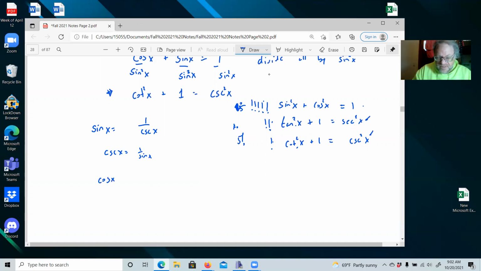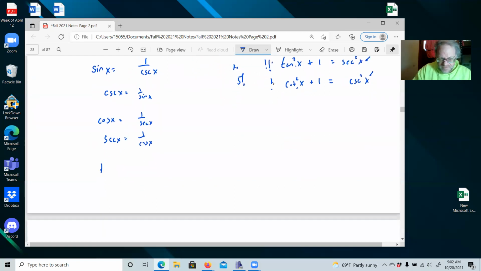Cosine x is equal to 1 over secant x, and secant x is equal to 1 over cosine x. And then of course the tangent. Those are reciprocal identities, and these are another one that you kind of have to know forever.